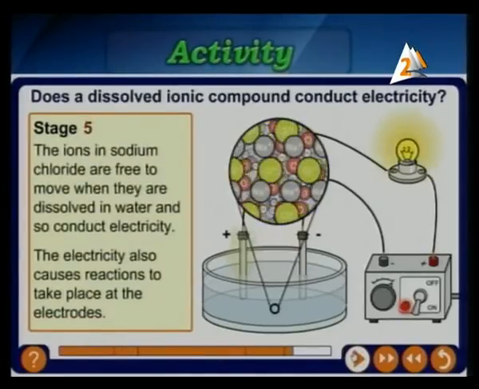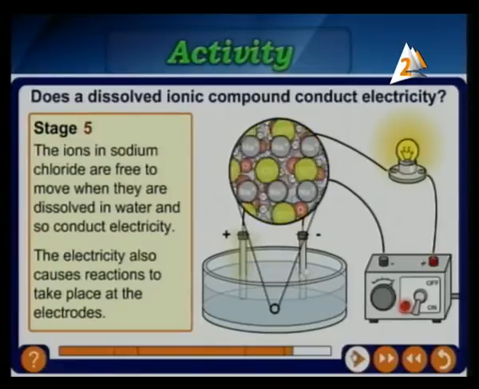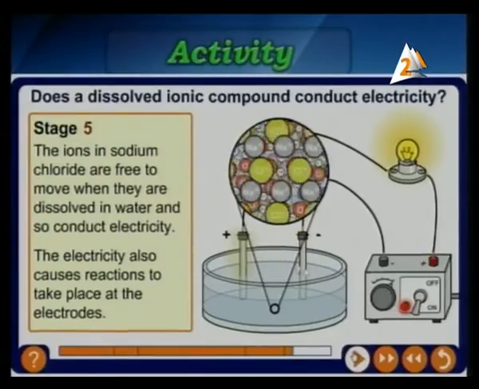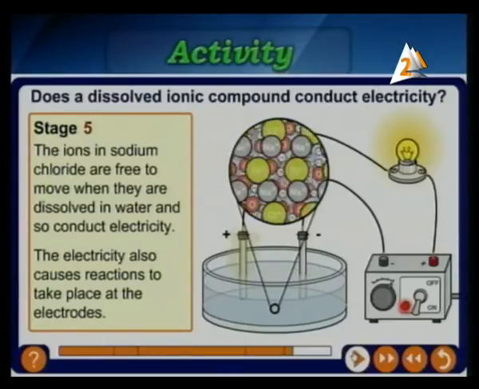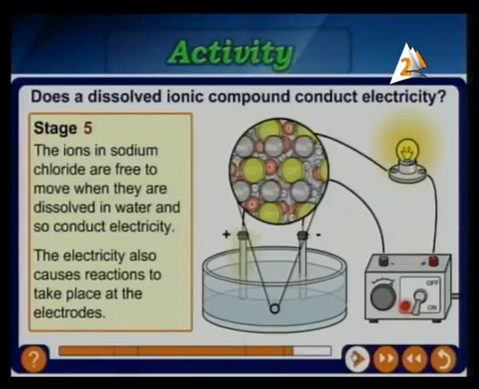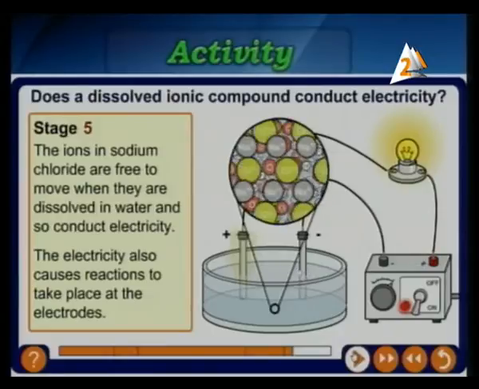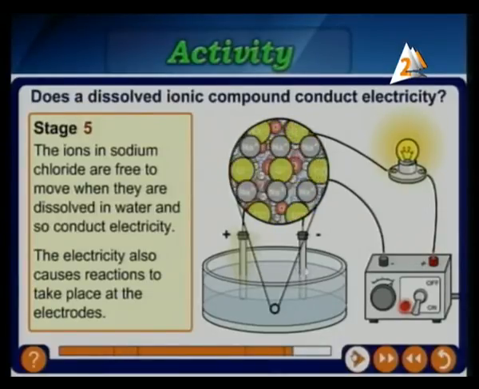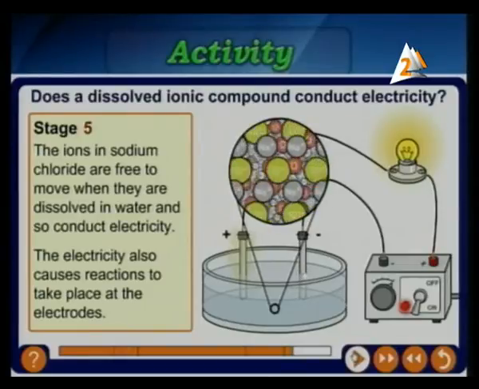Now you must know the ions of sodium chloride are free to move when they are dissolved in water, and so they conduct electricity. The electricity also causes reactions to take place at the electrodes. It's good to say that this explains the motion of the ions through this circuit.